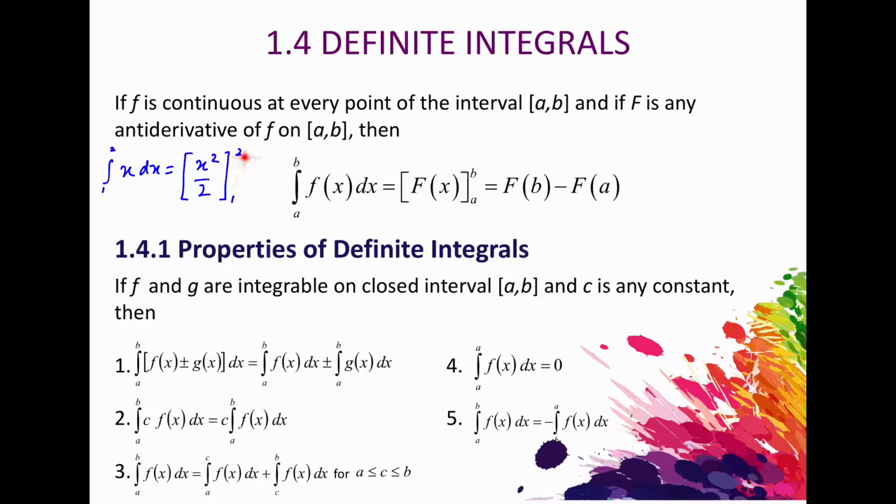So first we substitute the higher value, the larger value, to replace x, and then we minus the one with the lower value. In this case what we do is 2 squared, which is 4 over 2, minus 1 over 2. So we have 2 minus 1 over 2, which is 3 over 2.